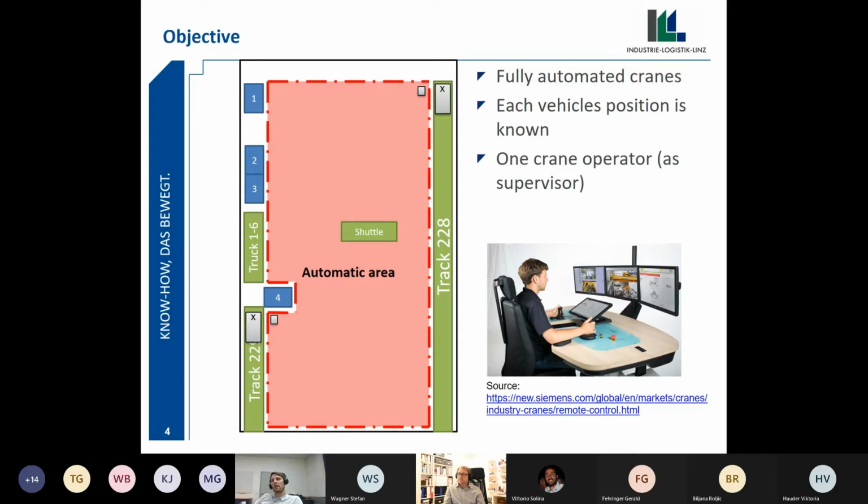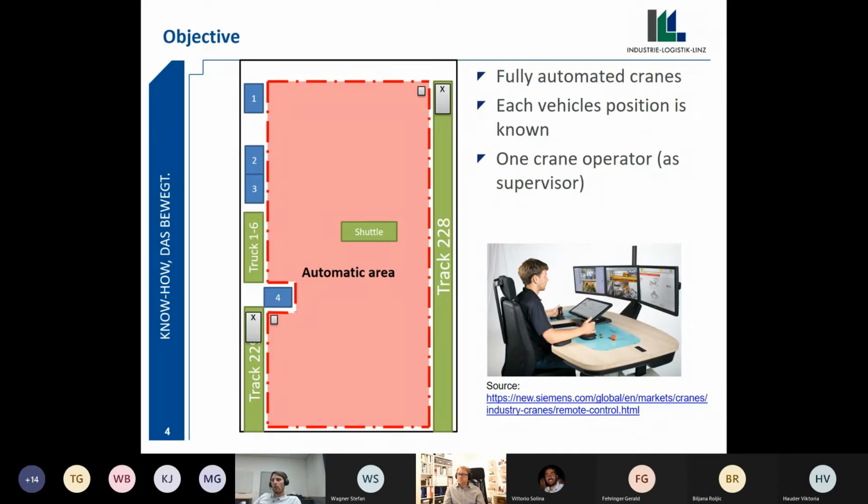You can see that the crane is moving to the north and is waiting for the crane operator. When the crane operator has some time left, he switches to the crane, and then the crane will load the vehicle. Only under supervision is the crane able to leave the automatic area.